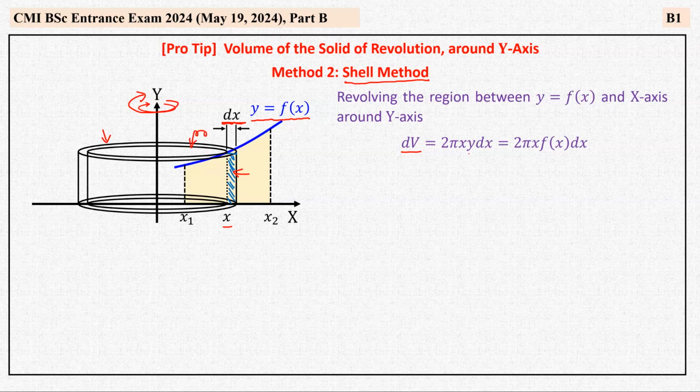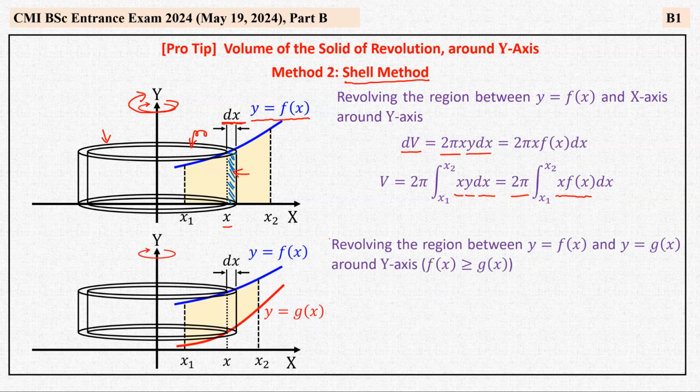The area of the thin rectangle is y times dx, and the circumference of the circle is 2 pi x. So we have 2 pi xy dx, or 2 pi x f of x dx. Therefore, the volume of the entire solid of revolution is given as 2 pi times the integral of xy dx, so 2 pi times the integral of x f of x dx.